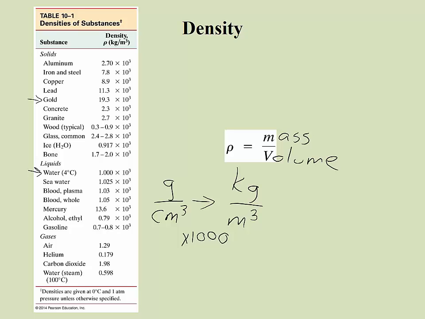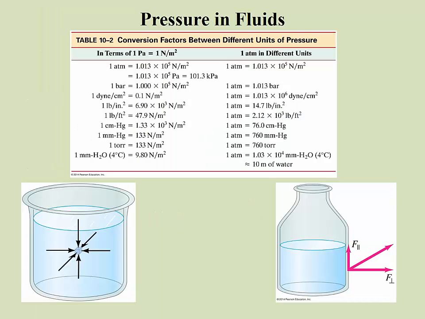Density is important to think about when you are trying to look at which substances will float or sink in fluids. It is also important to look at when we are looking at how much pressure is around in a fluid or on a fluid.